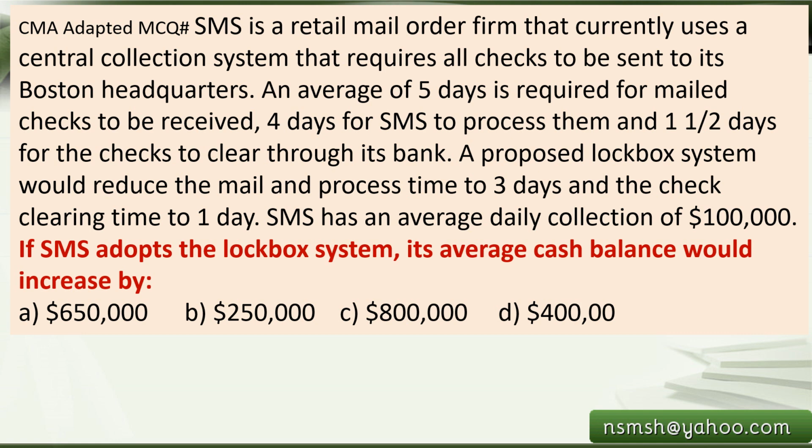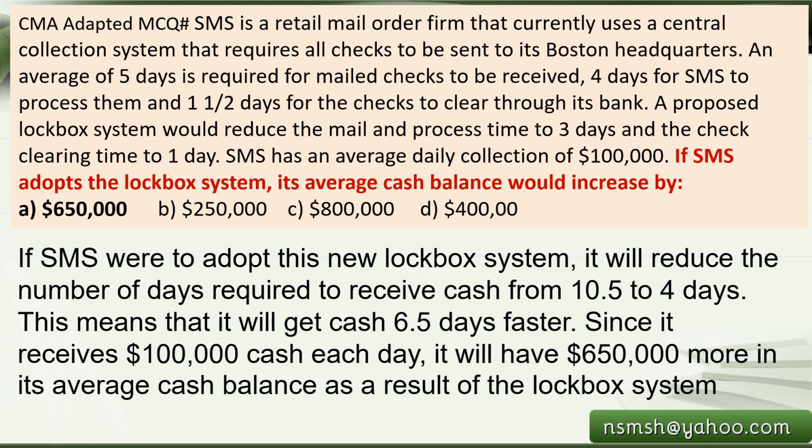How do we calculate? If SMS were to adopt this new lockbox system, it will reduce the number of days required to receive cash from 10.5 days. How does 10.5 days come? It is the 5 days of the average for mailed checks to be received and 4 days for SMS to process them.